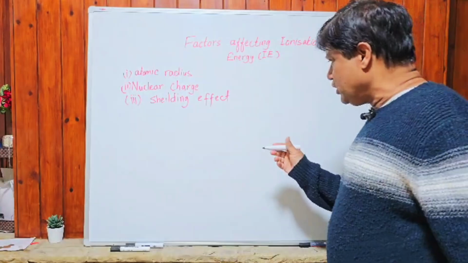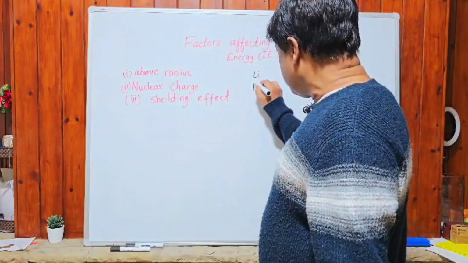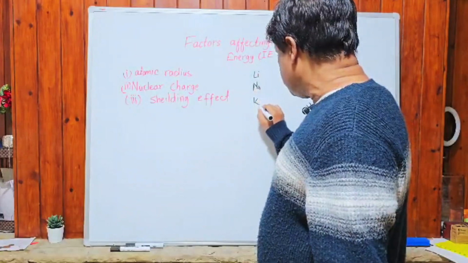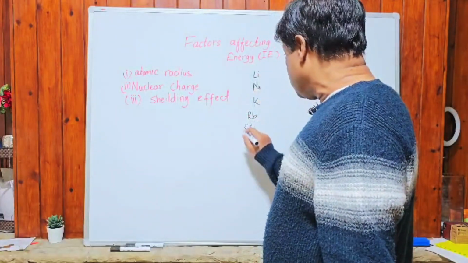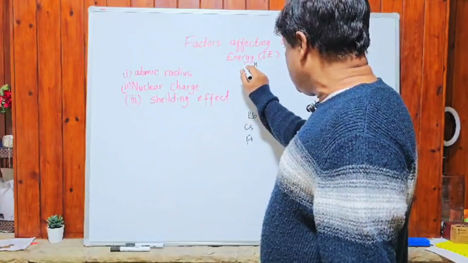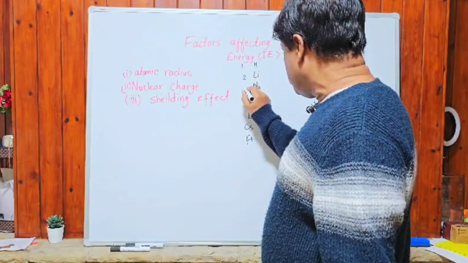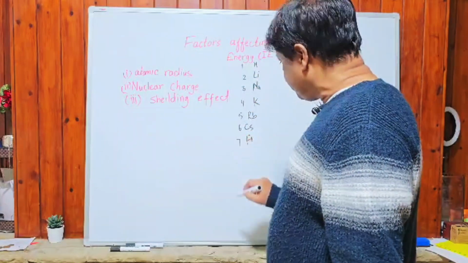Look at what happens when we move down the group: lithium, sodium, potassium, rubidium, cesium, francium. Hydrogen, first shell, first period; period 2, period 3, period 4, 5, 6, 7. 7 shells.